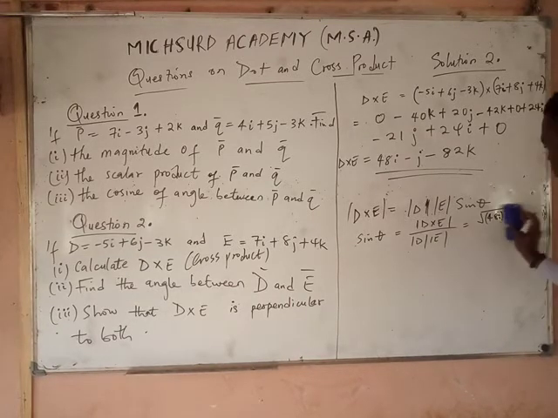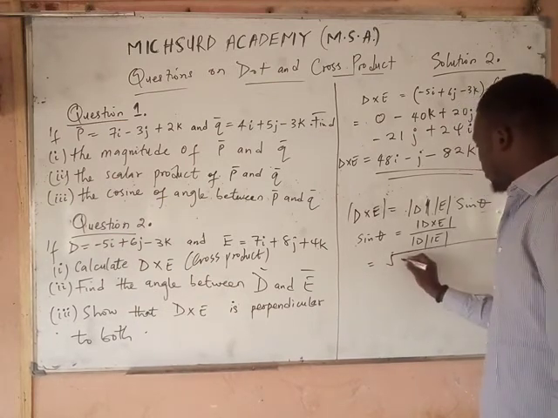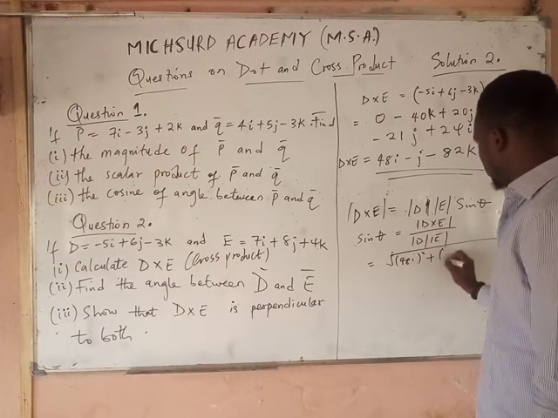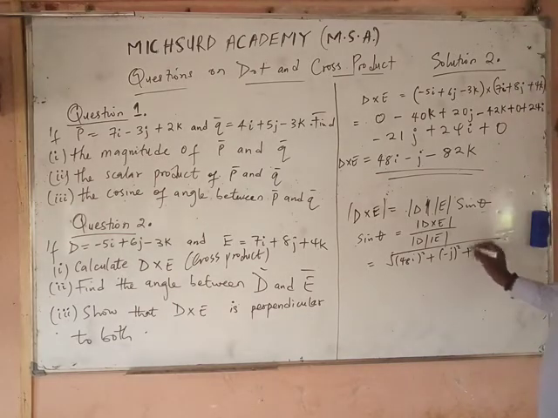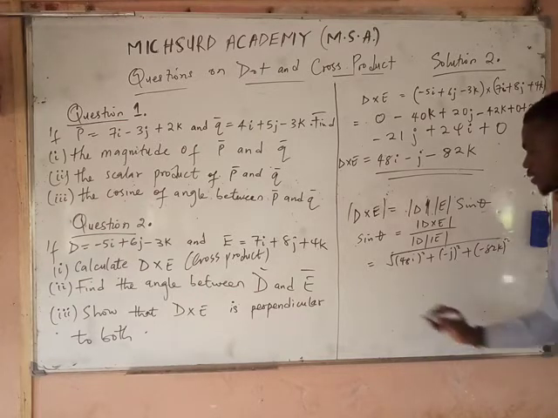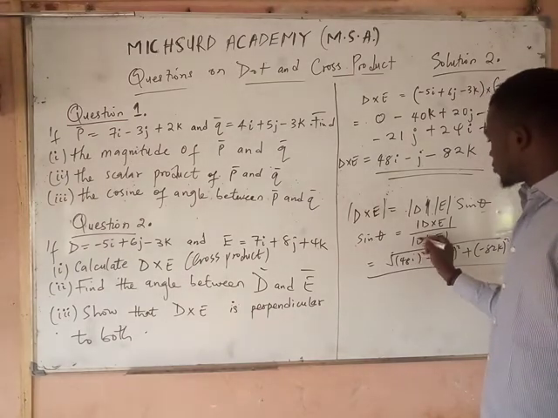Okay, let me write this down below so that we can see that clearly. So this is the square root of 48i squared plus minus j squared plus minus 82k squared, right? Good. Then we divide through by the magnitude of D.